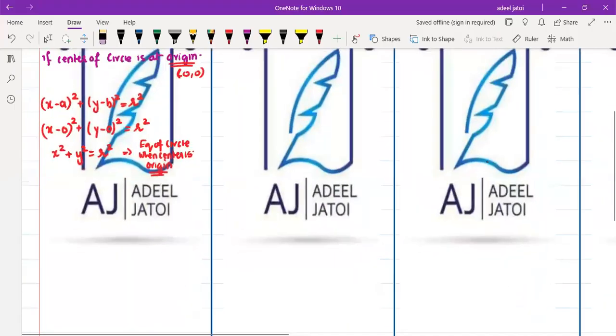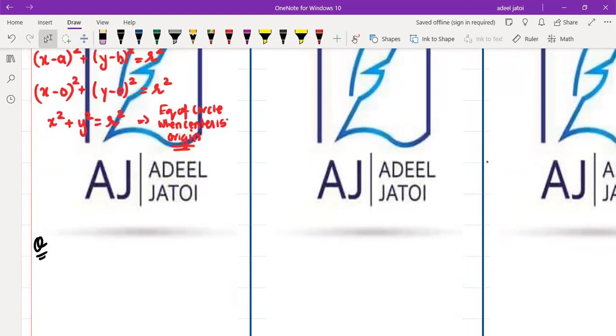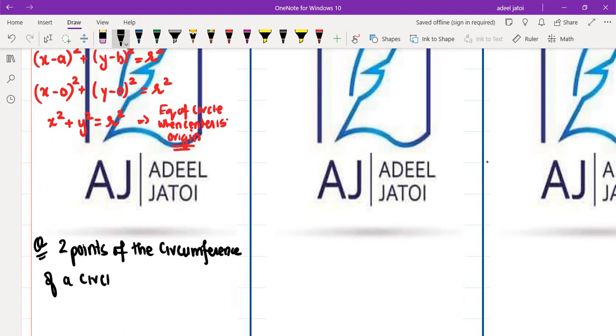Now let's work out an example question. The question can be such that two points on the circumference of a circle are at the ends of a diameter.